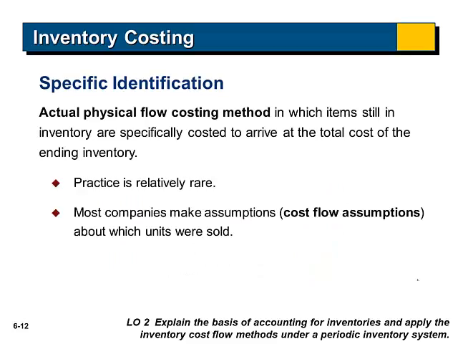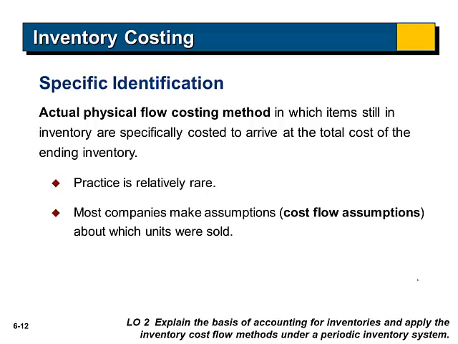Specific identification is the actual physical flow costing method, because you're actually pulling the items off the shelf and selling them and applying those to cost of goods sold, while items still in inventory are specifically costed to arrive at the total cost of the ending inventory. And I mentioned in the last slide that this is relatively rare. Most companies do not do this.